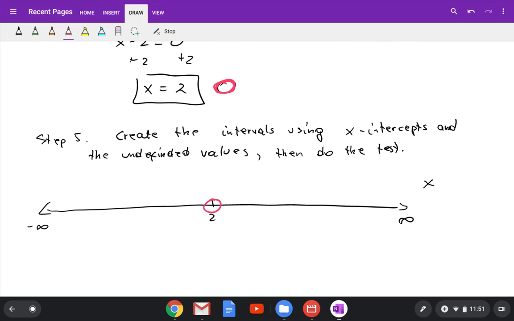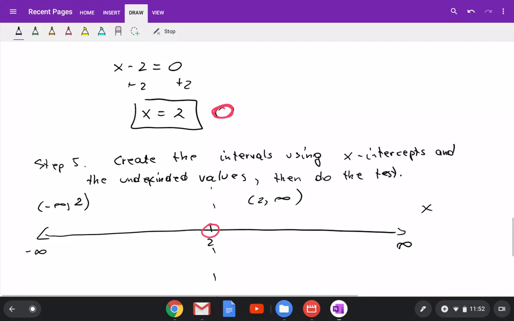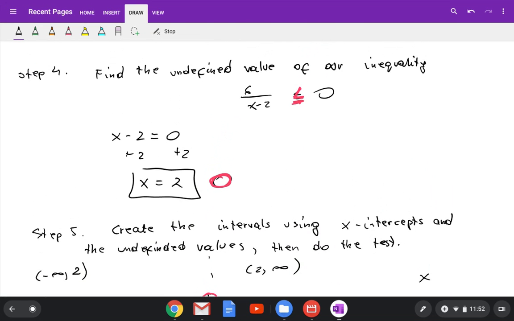No x-intercept, so we're not putting anything on the number line. And this inequality will be easy to solve because our number line was divided into two intervals. The first interval is from negative infinity to 2. The second interval is from 2 to positive infinity. So we need to check which intervals satisfy the inequality.